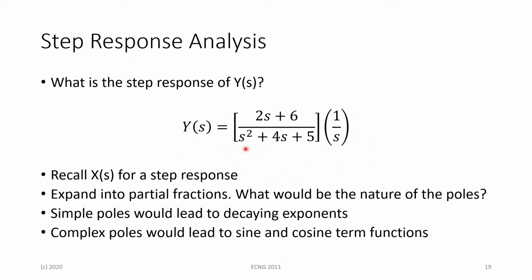If the poles here, being the roots of the denominator, are simple, being real with no imaginary components, when you do the inverse Laplace transform, you'll get decaying exponents, which will basically be exponents to a negative power. But if they're complex in nature, you will end up getting sine and cosine terms when you do the inverse Laplace transform.